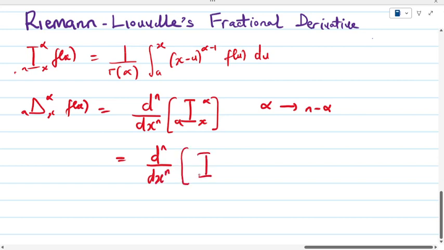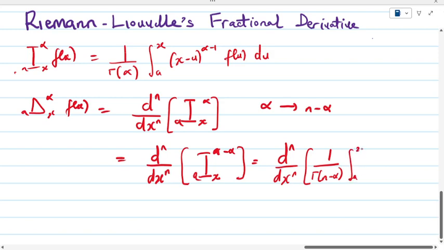We have the integral of order n minus alpha. So writing this in full, we have d^n over dx^n of 1 over gamma of n minus alpha, integral from a to x of (x minus u) to the power n minus alpha minus 1, f of u du.